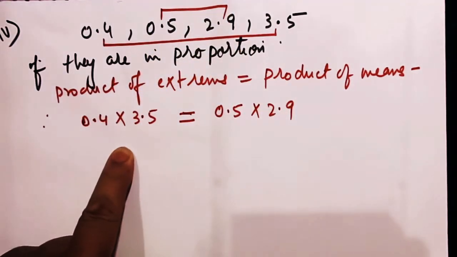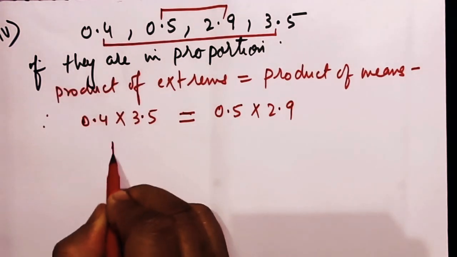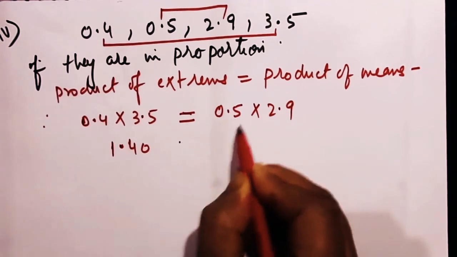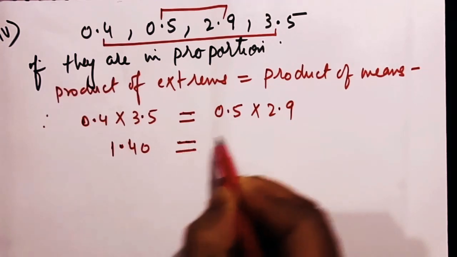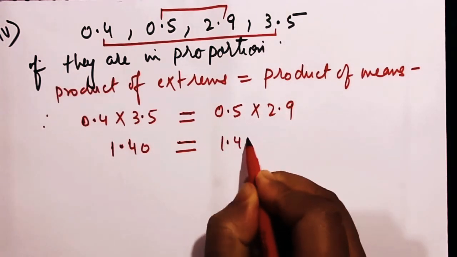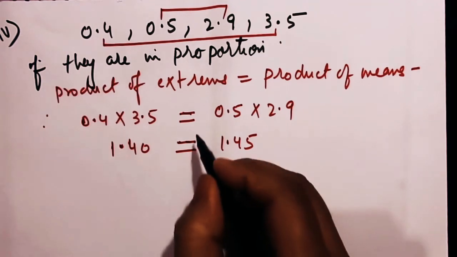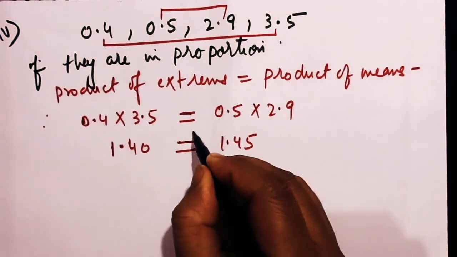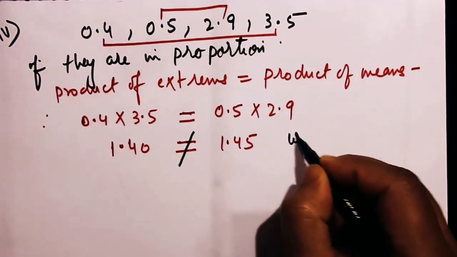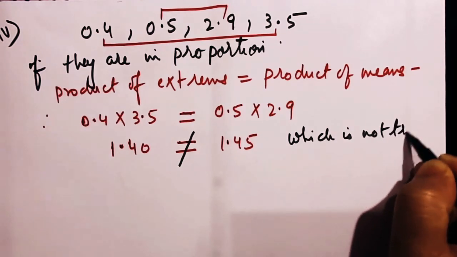So on multiplication of these two numbers, I'll get 1.40, and here I am going to get how much? 1.45, which I find that they are not equal. Since they are not equal, you need to give a cut over here, and I'll write: which is not true.